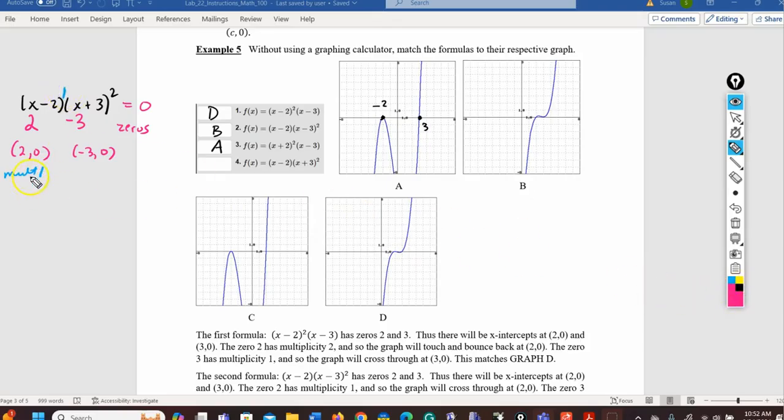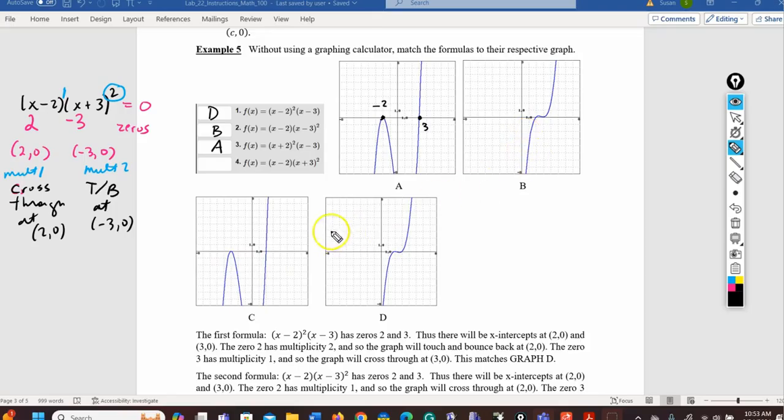So we have odd multiplicity, so it's going to cross through at my x-intercept. Now, what's the multiplicity for this? That has multiplicity 2, so it's even multiplicity, so it means it's going to touch and bounce back at this x-intercept.